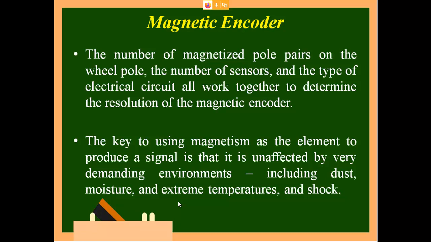So the transparent portion will become opaque. Due to that, the signal will be missed, or I will be unable to read. So that is the case with optical. That problem is solved by using magnetic encoders, because here we don't have any direct contact. So dust or moisture or extreme temperature will not affect my magnetic encoders.